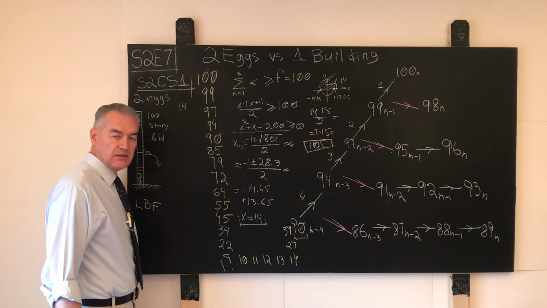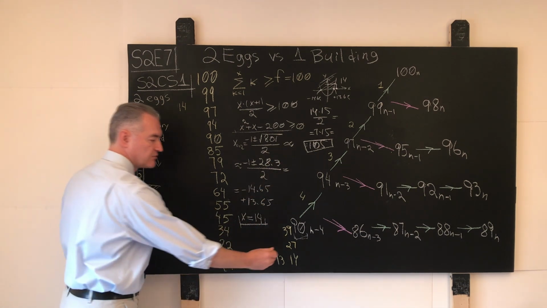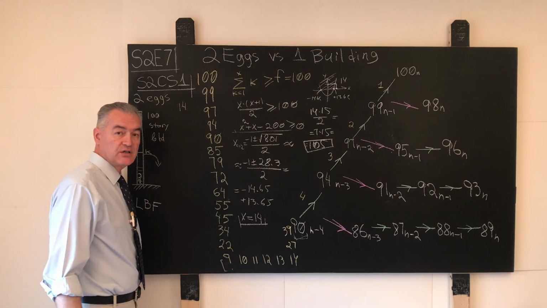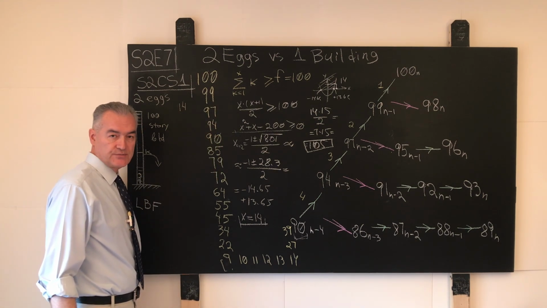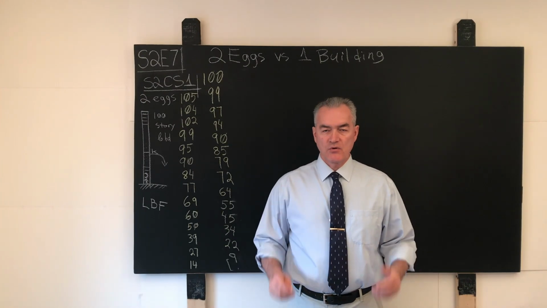Let me take a little break here and erase what we have so far and write down the entire scheme that will cover the test of all 105 stories. Very well.